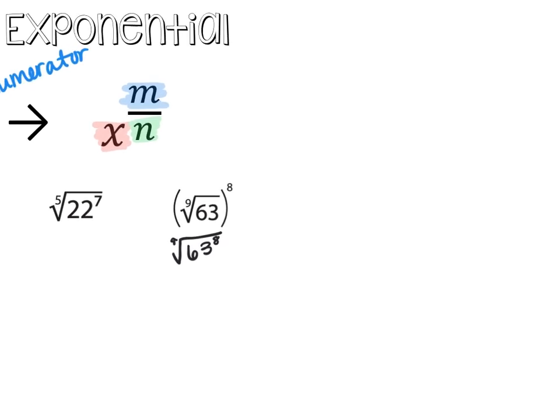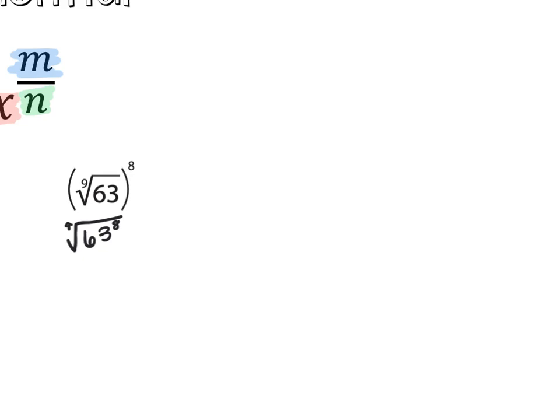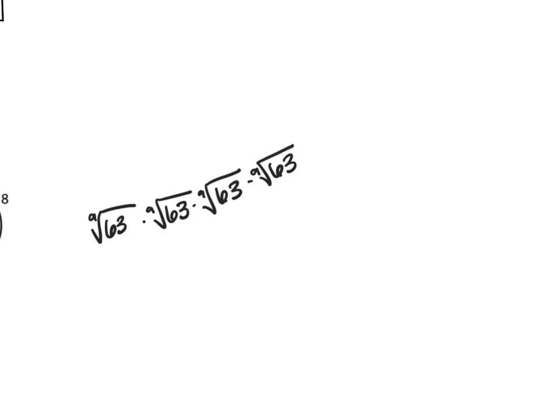Because what this is really saying is the 9th root of 63 times the 9th root of 63 times the 9th root of 63, 8 times. One, 2, 3, 4, 5, 6, 7, 8.